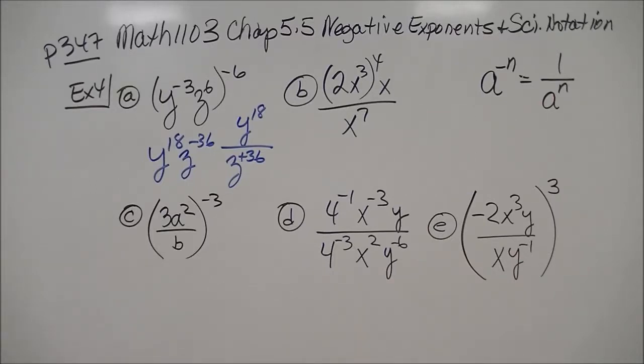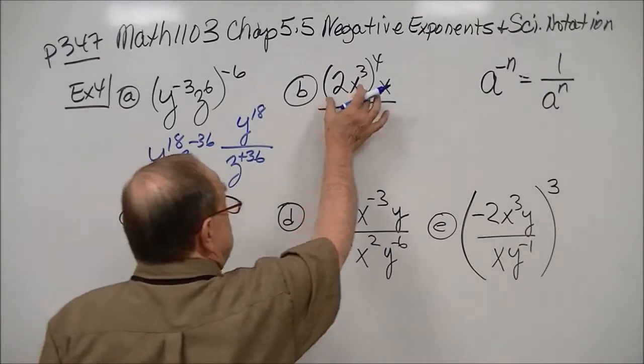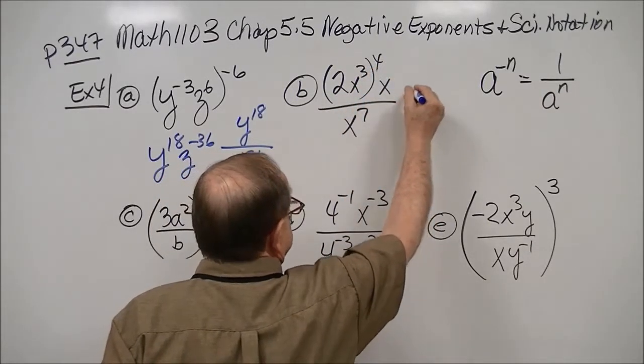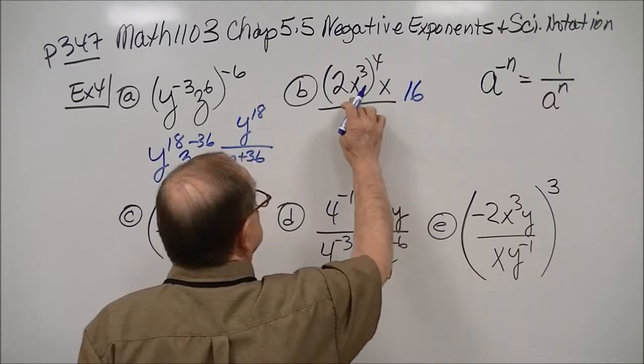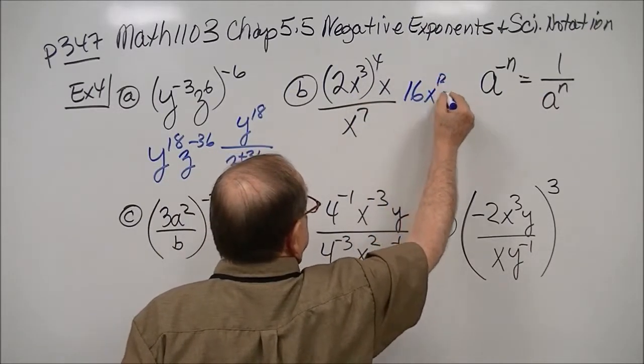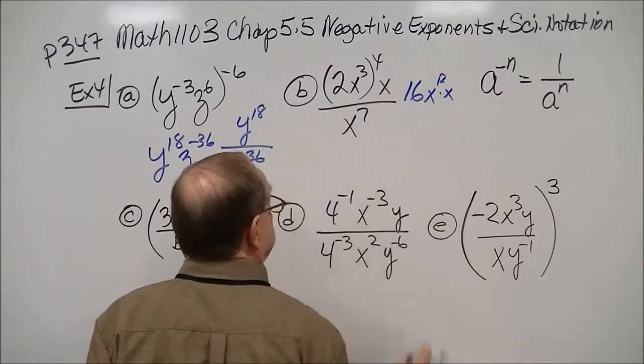And did I copy B correctly? Yes. There's no negative exponents in there, so they, I guess, just want us to play around. So let's expand this. This is going to be 2 to the 4th, which is 16. x to the 12th times x over here.